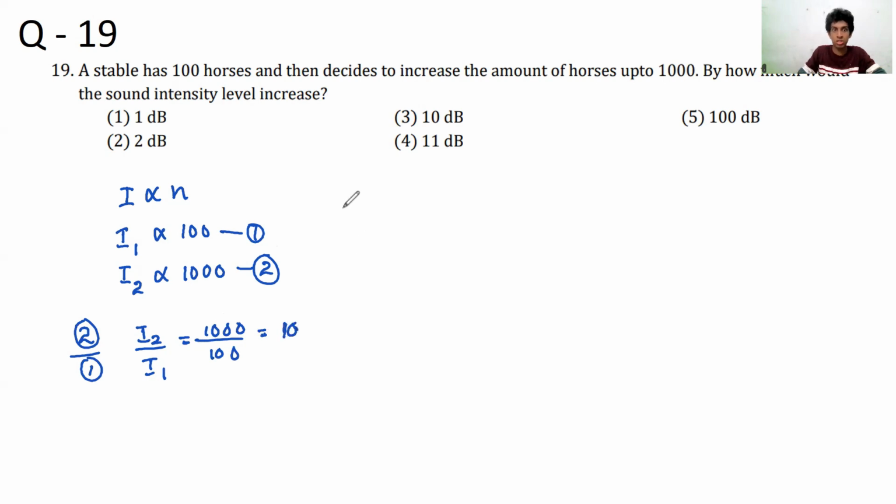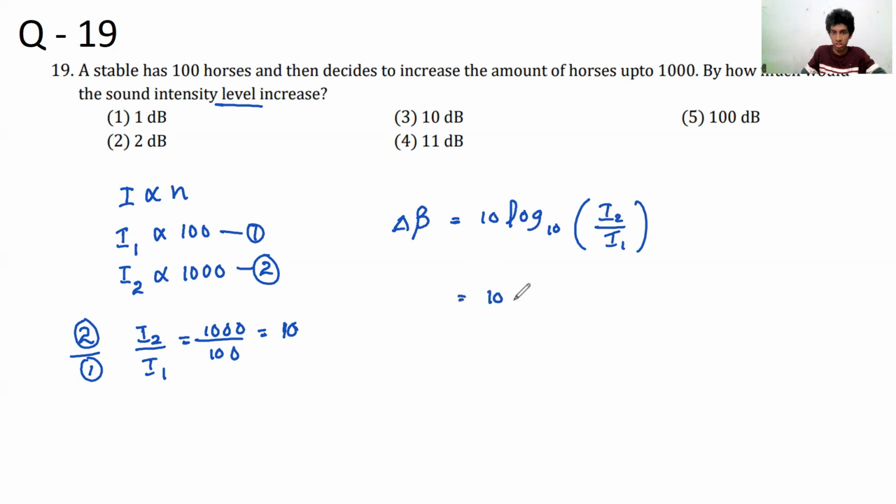So next, we should find the increase in the sound intensity level. So the equation to find the increase in the sound intensity level is delta beta equals 10 log base 10 I2 over I1. So I2 over I1 is the ratio between the sound intensities at any given two instances.